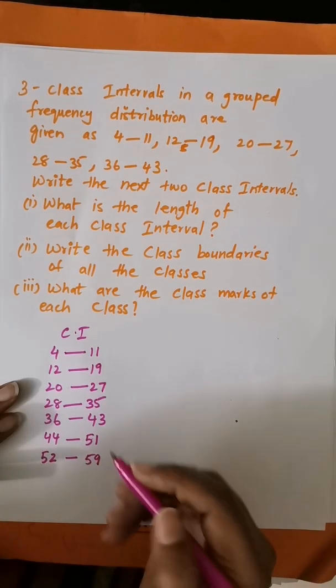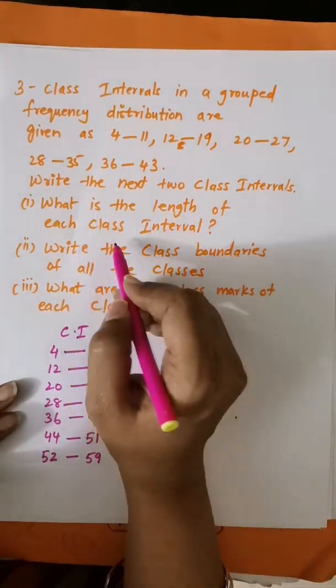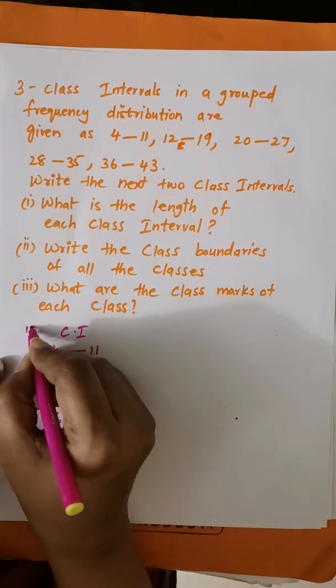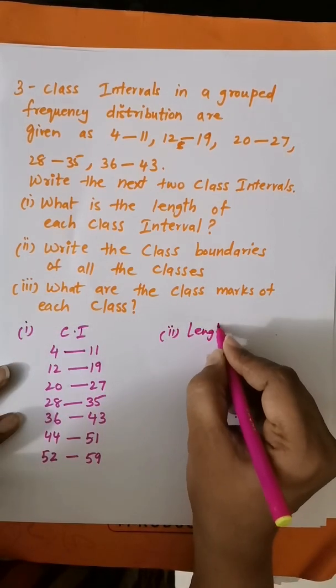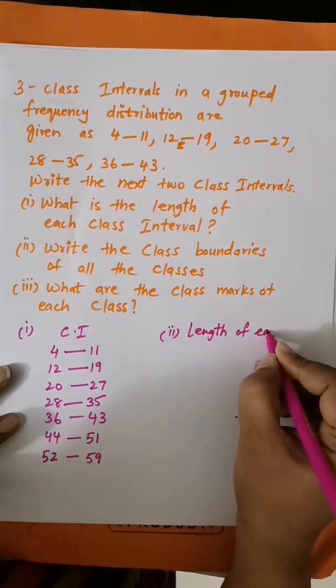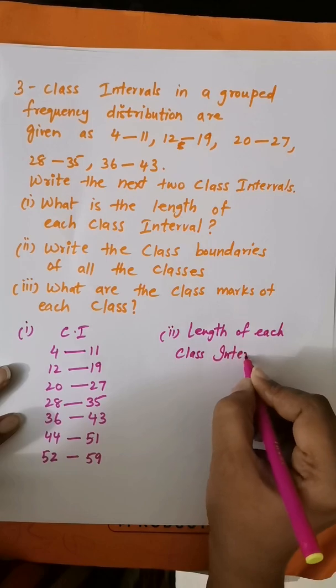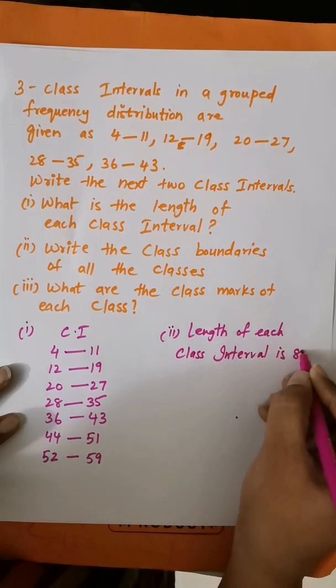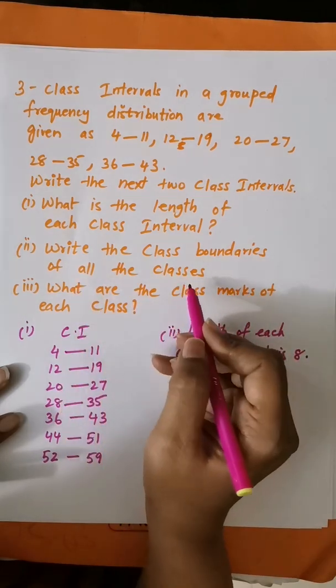So this is the completion of this class interval. What is the length of each class interval? This is answer 1. Answer 2: length of each class interval is 8.